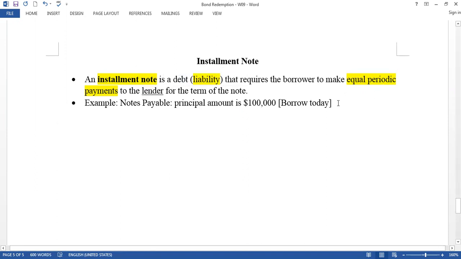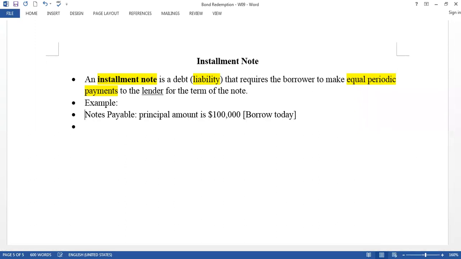So out of the equal periodic payments, we assume that this is the principal amount and the term of the note is 5 years. So term of the note is 5 years and you borrow $100,000.